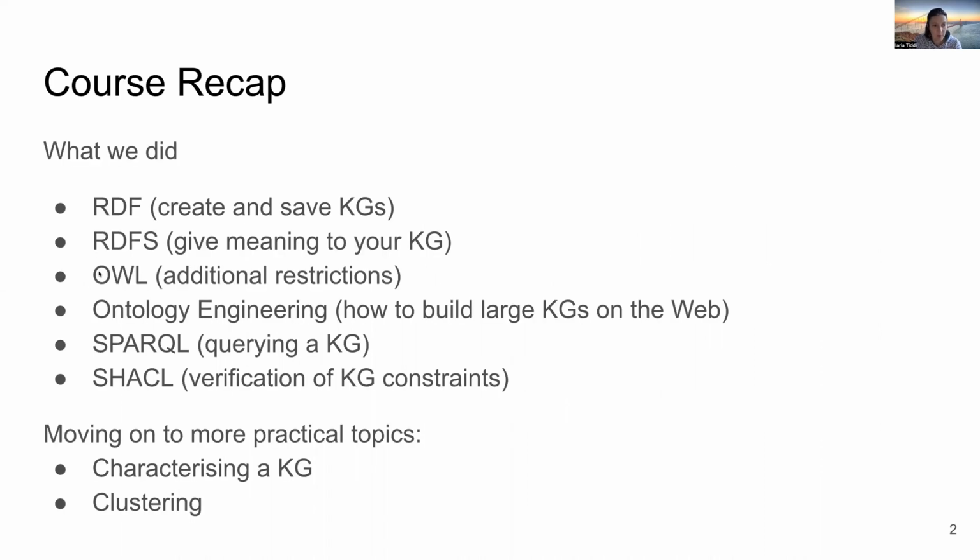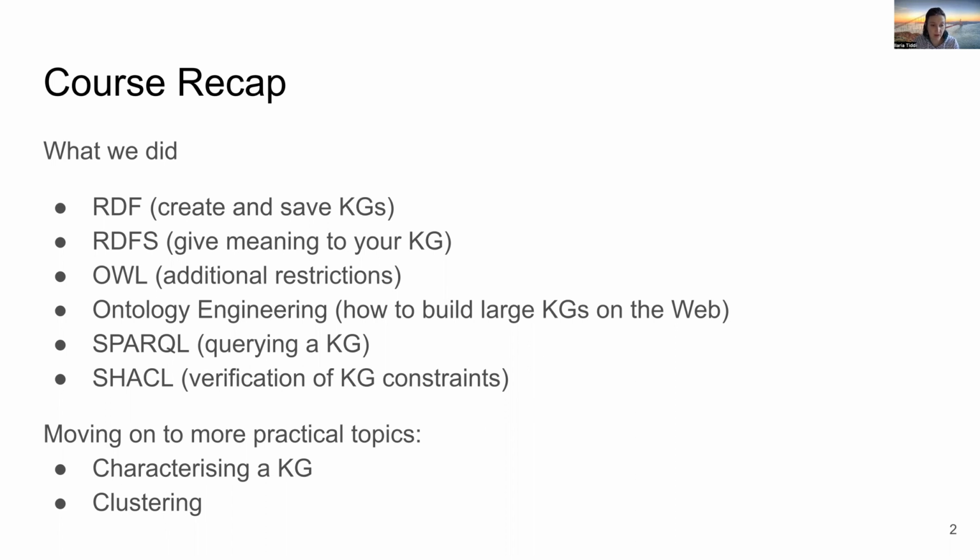So just to recap a bit where we are and what we did, we've been looking at creating and saving knowledge graphs, adding meaning through RDF and OWL semantics. We looked into ontology engineering in order to build large-scale knowledge graphs on the web.